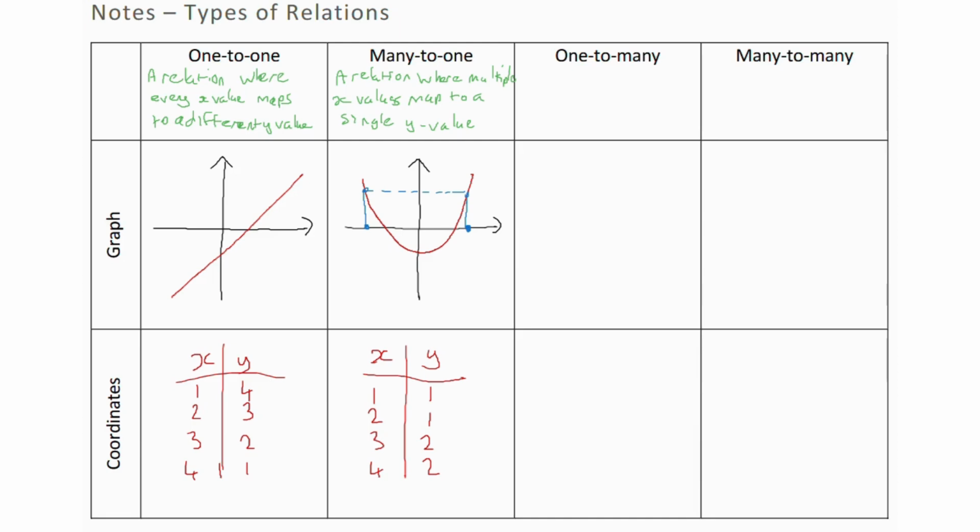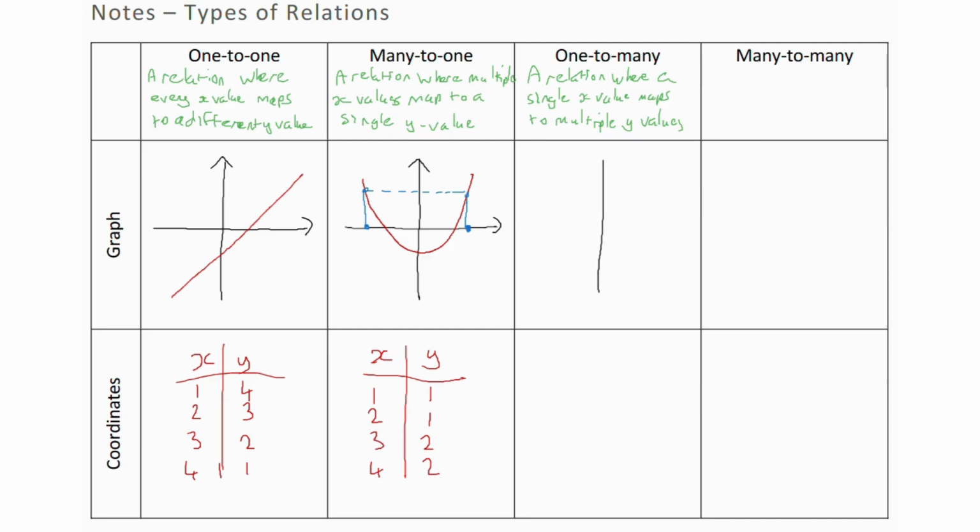A one-to-many relation is the opposite. It's a relation where a single x value maps to multiple y values.